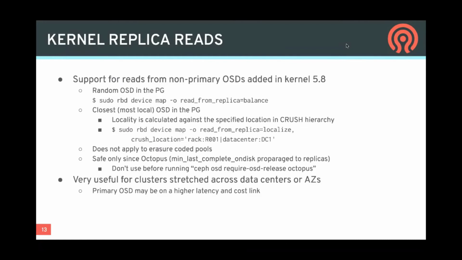And you can see an example. So if your client is in or close to data center DC1, you would provide that crush location string when mapping the image. And for the PGs that have an OSD located in DC1, the reads would generally go to that OSD.